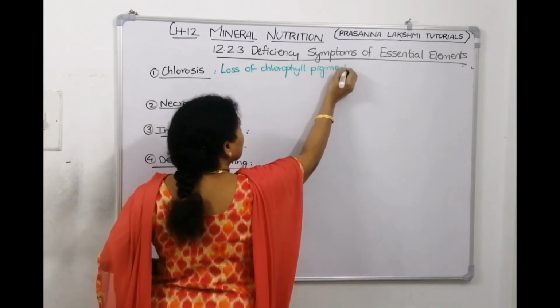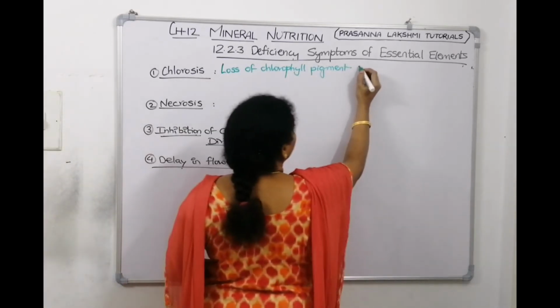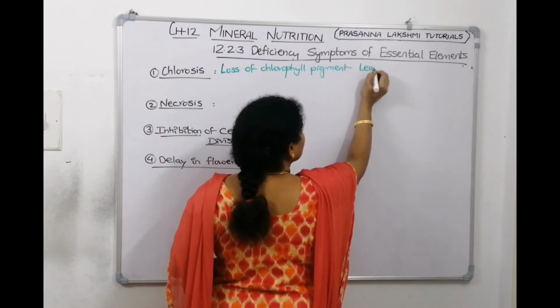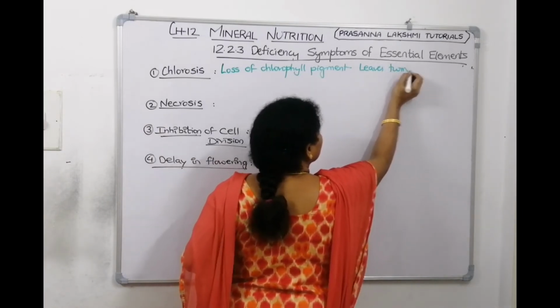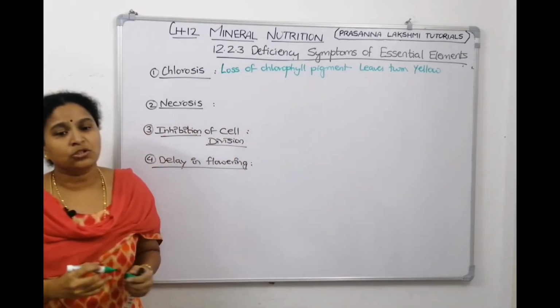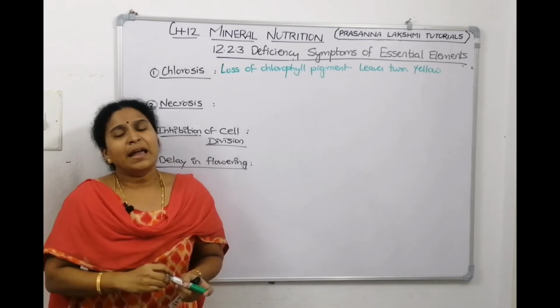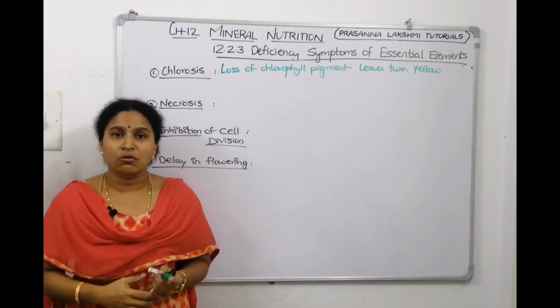Because the pigment is lost, the plant, particularly the leaves, appear yellow. The leaves turn yellow, they change their color. Understood, children? Loss of green color, yellowing of the leaves, is called chlorosis.